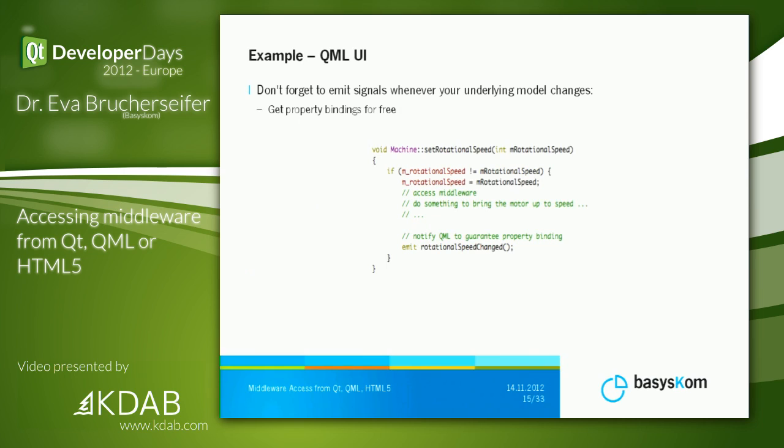Whenever the rotational speed changes, we use the setter in C++, set the rotational speed there, and then we emit a signal when it changes, so that the Qt meta-object system sees when it changes and can notify the properties. And that means that we can get the property binding.